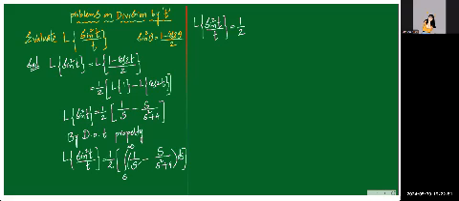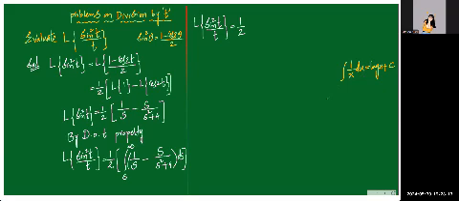What is the integration of 1 by s? Remember the formula? You don't know? If you don't know, tell me. I don't remember, sir. Integration of 1 by x dx is log x plus some constant.